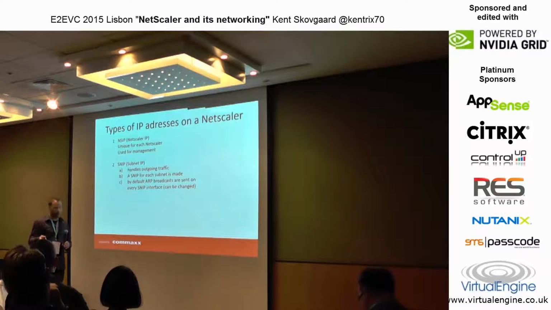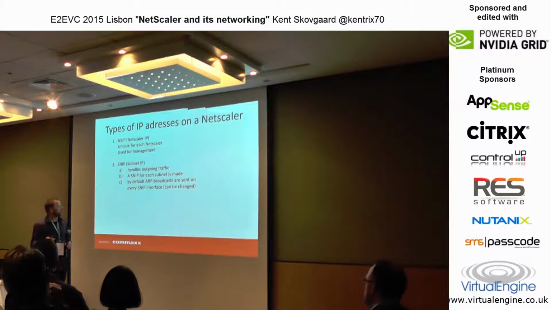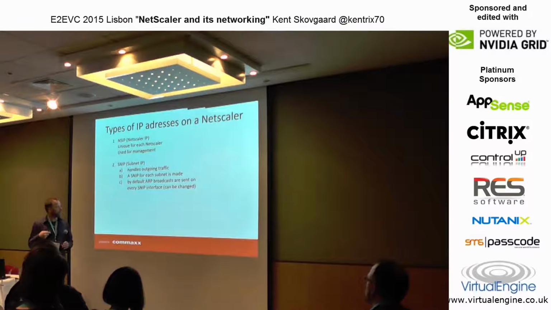By default, how many people here know what ARP broadcast is? Okay, great. So by default, and I'll show the demo in a second that shows this. By default, when you put multiple IP addresses on a NetScaler, it will broadcast everything on every interface.